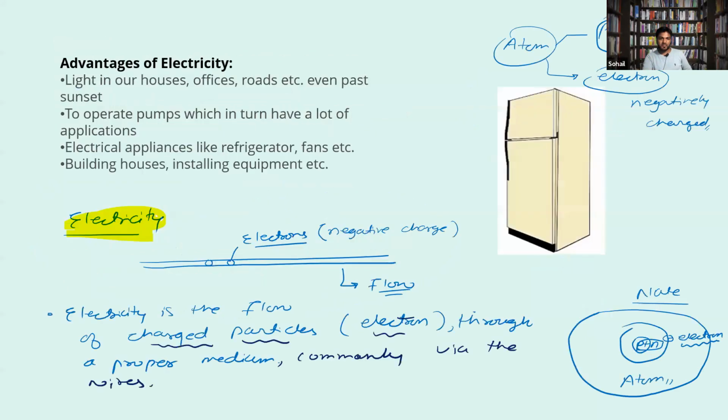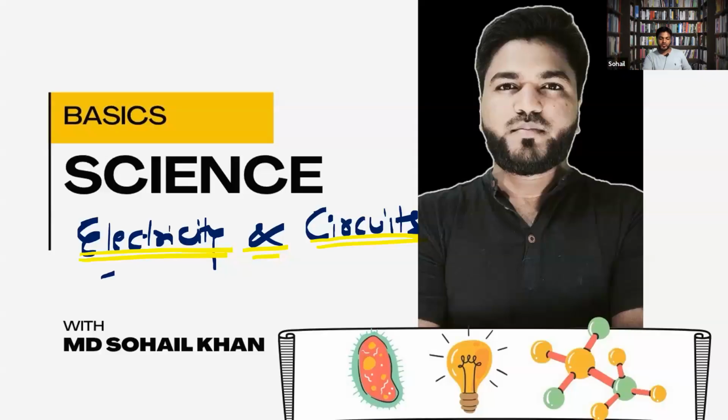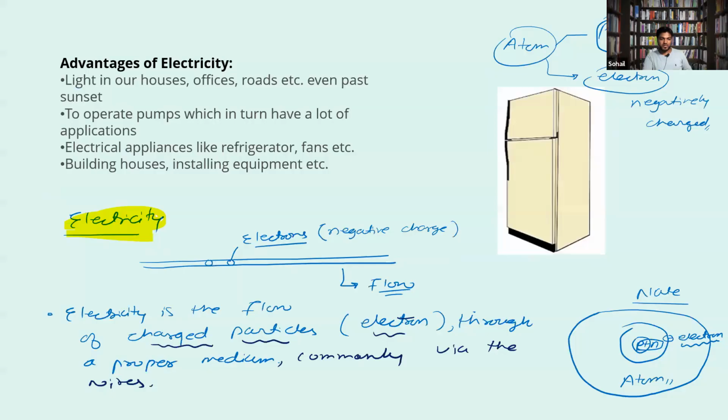And the name of the chapter is what? Electricity and circuits. Right. So we have learned the concept of electricity, that electricity is the flow of charge particles, that is electron, through a proper medium, mainly via the wires.